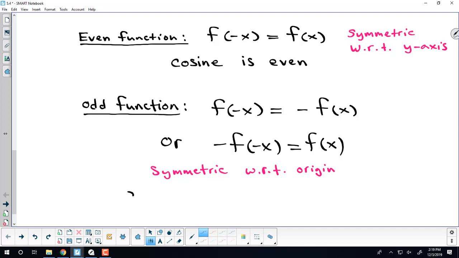Sine is an odd function. Again, you don't have to use these necessarily. It's just a lot easier if you can.